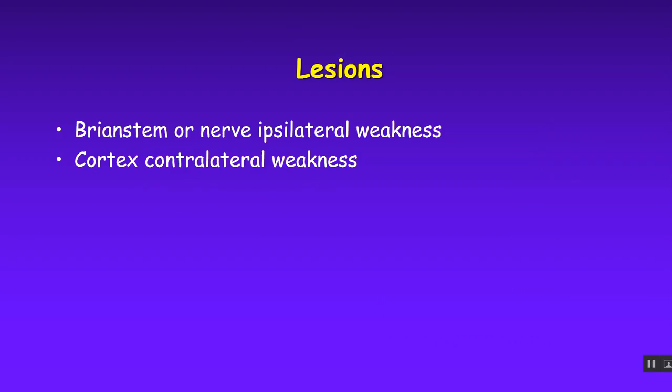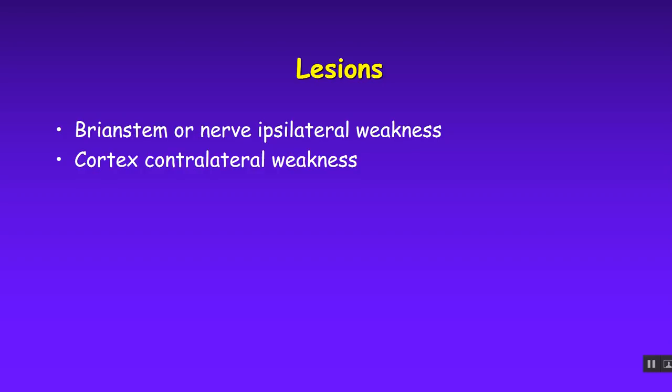If it's a brainstem problem, if the lesion is in the nucleus itself or the peripheral nerve exiting out, you're going to have weakness on one side. So if you ask the person to stick their tongue straight out, and they have weakness on the right side of their tongue, which way is their tongue going to deviate?